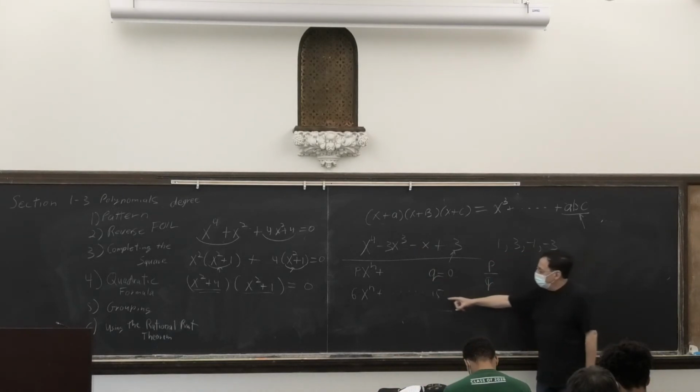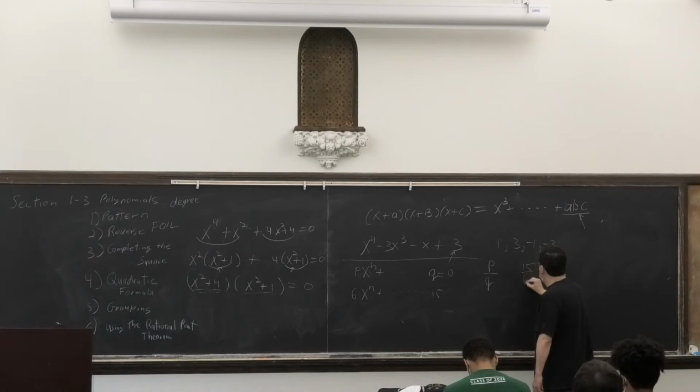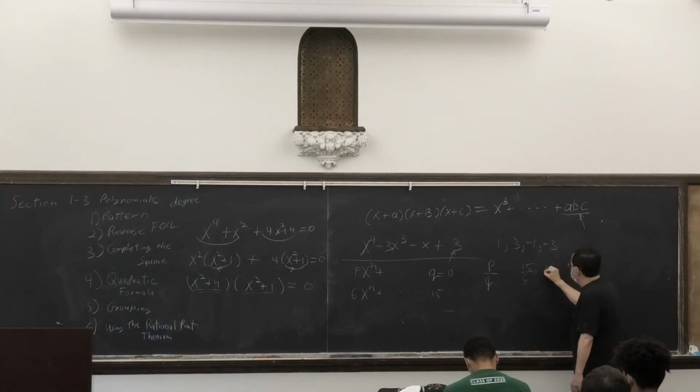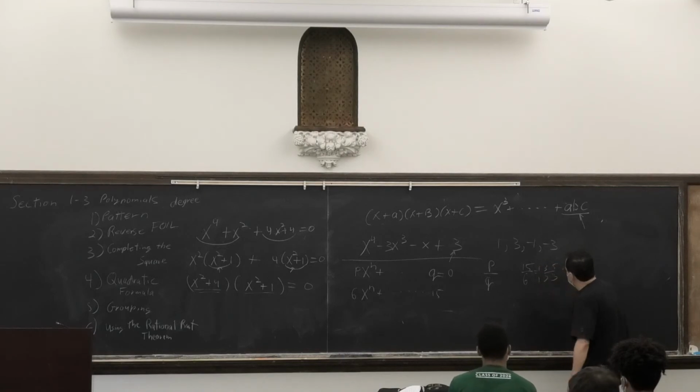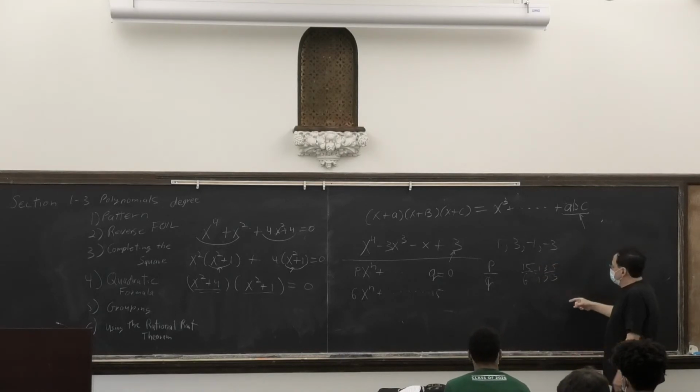Well, there are a lot of possibilities. All right, we've got 15 over 6. We want to look at the factors here: 3 and 5, and 2 and 3. So what are the possible roots?